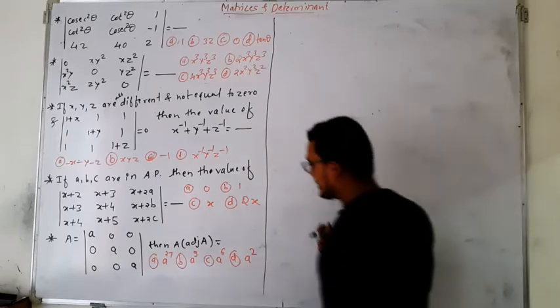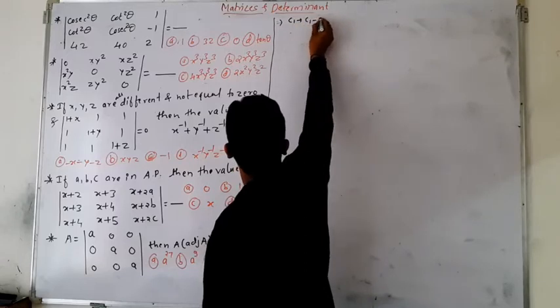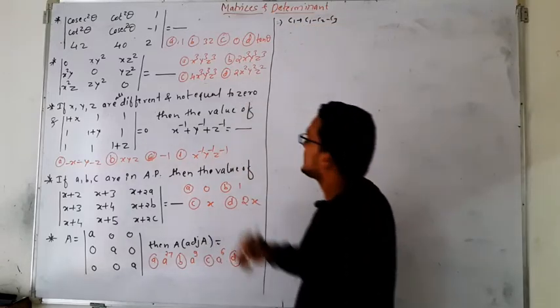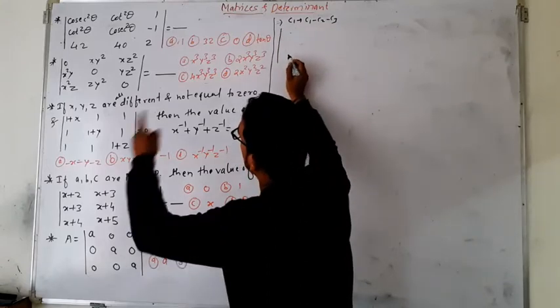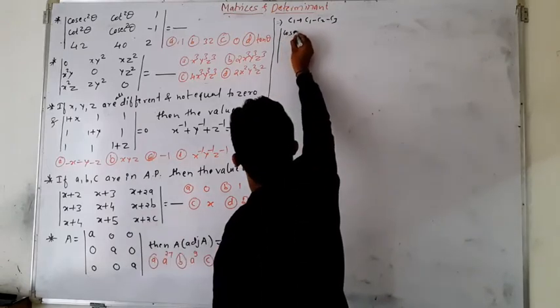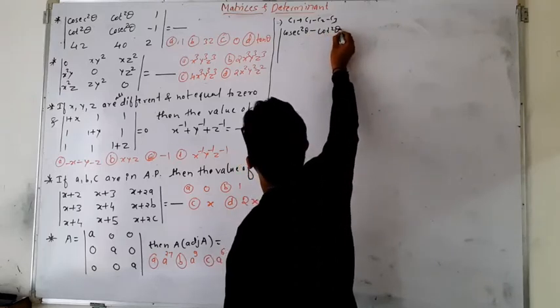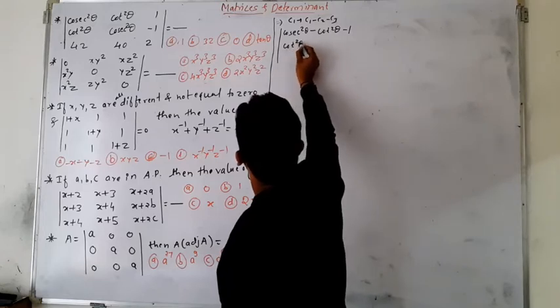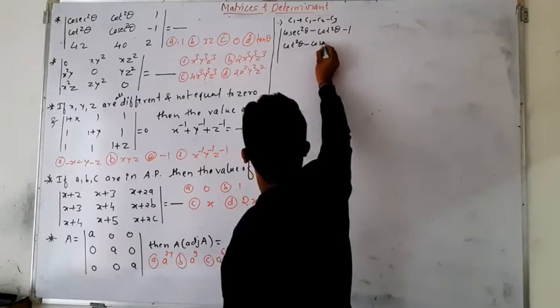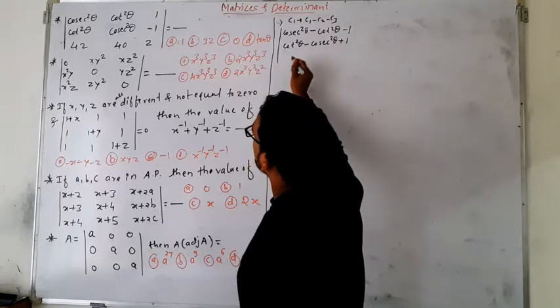Okay. So what we can apply the operation? For this, C1 changes to C1 minus C2 minus C3. If I apply this operation, the terms we get are cosec square theta minus cot square theta minus 1. Next will be cot square theta minus cosec square theta, minus into minus plus 1.